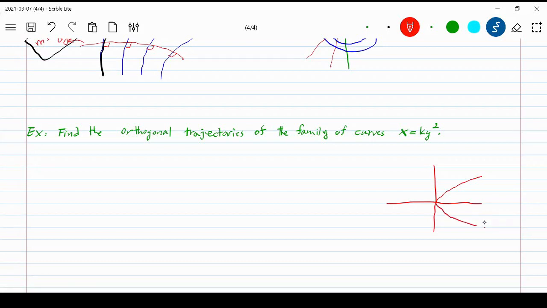If k equals 2, then you would get something that grows faster, maybe something like this. It's still a parabola shape. If you pick k to be negative, then you will get the curve opening the other way.